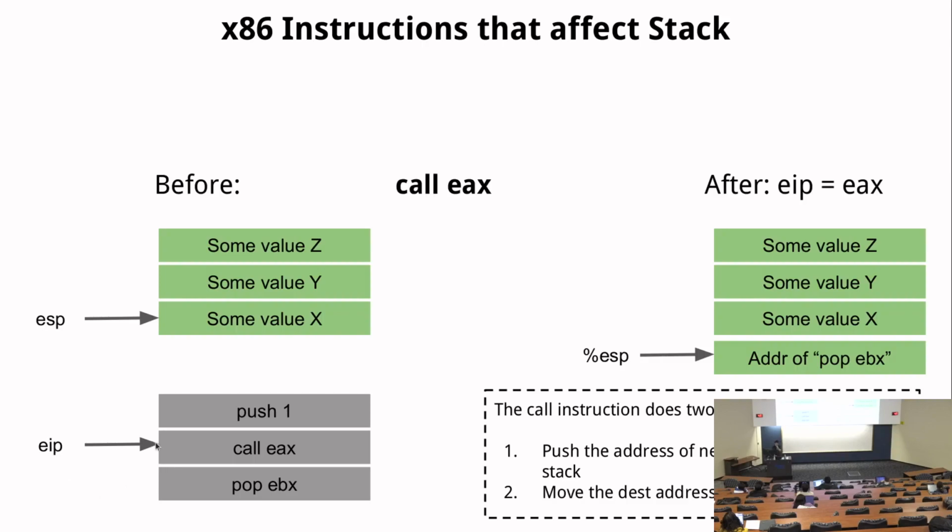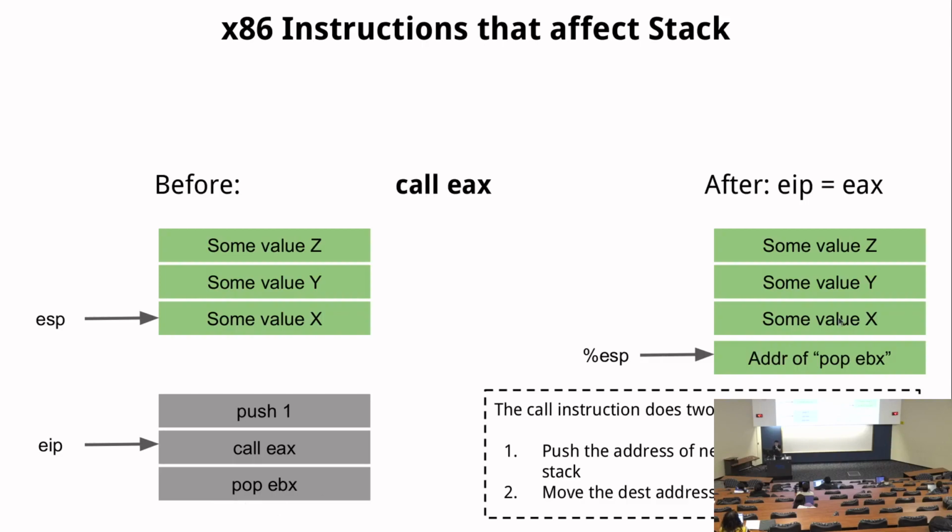Usually, if it's a push 1 that was executed, the EIP will move to point to the next instruction. But the call instruction is different. It will not change the EIP sequentially. It will first push the address of the next instruction to the stack, which means the address of pop EBP. This address will be pushed onto the stack.